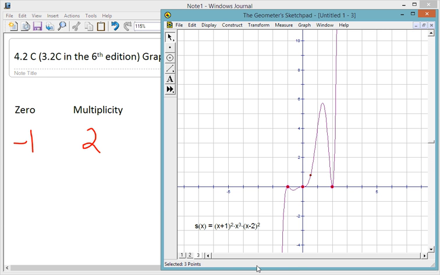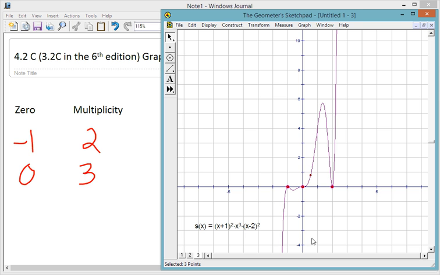Multiplicity of 2 means that it touches. It doesn't cross, it stays negative on both sides, it just touches. My next factor is x, just x, and that means that the 0 is the number 0, and it has degree 3, so that means that 0 has multiplicity of 3.